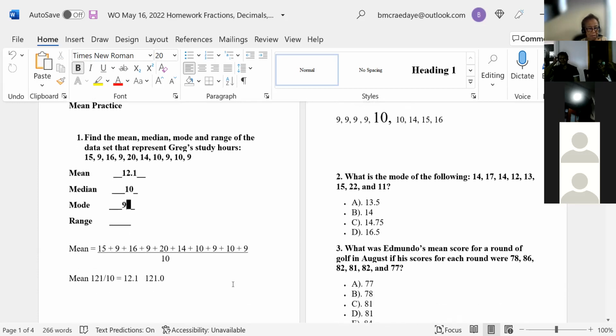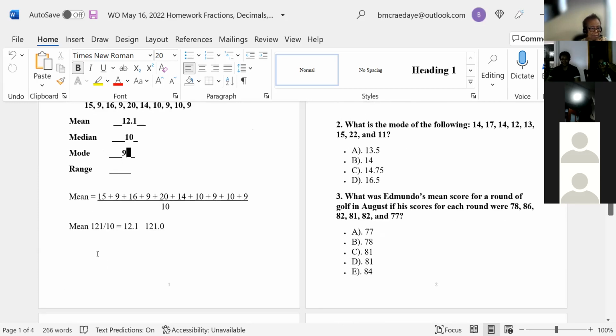For instance, let me give you a set of numbers here. Suppose you had 3, 9, 12, 15, 20, 32. What's the mode, Michelle? There's no mode. That's right, no mode. They all appear one time.